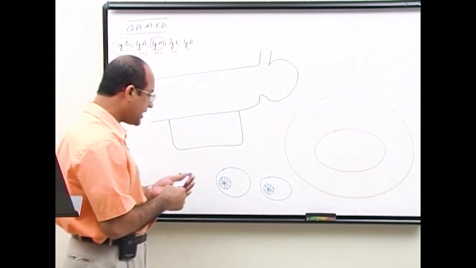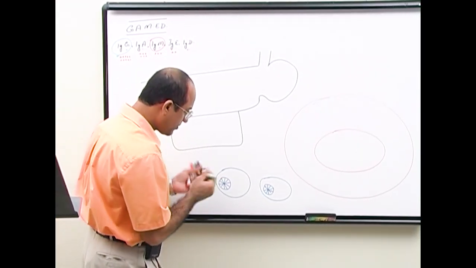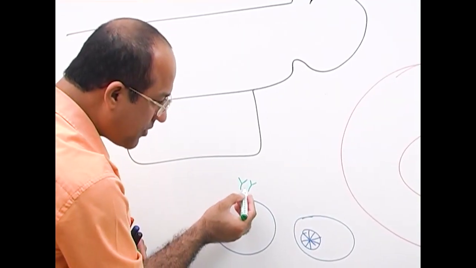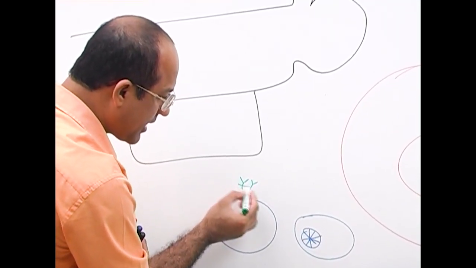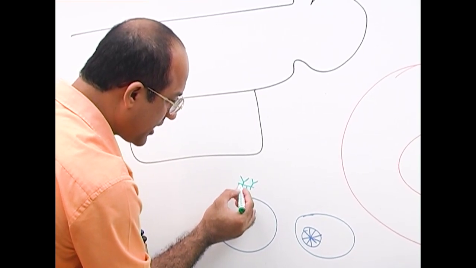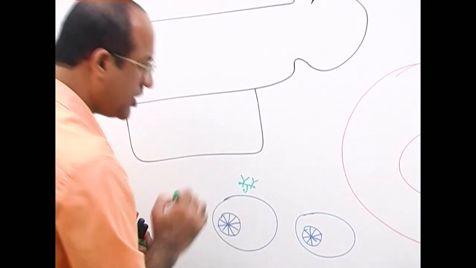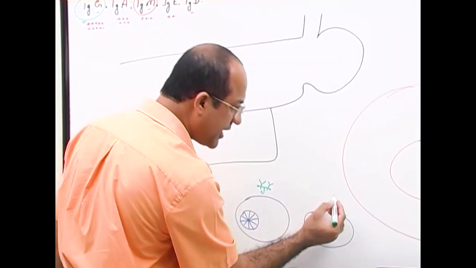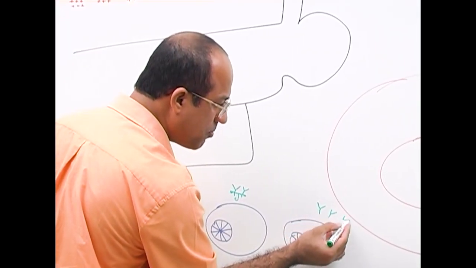Now, when IgA is released, let's suppose these are IgA antibodies. Some of the IgA which is released is held together by J chain, so it is released in dimeric form. But some of the IgA is released as monomers.